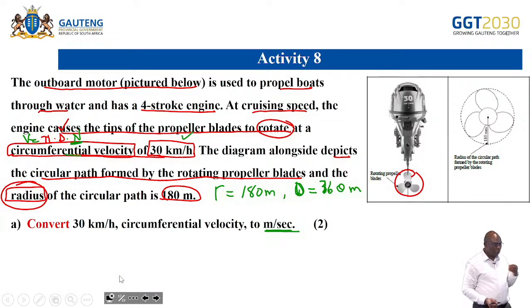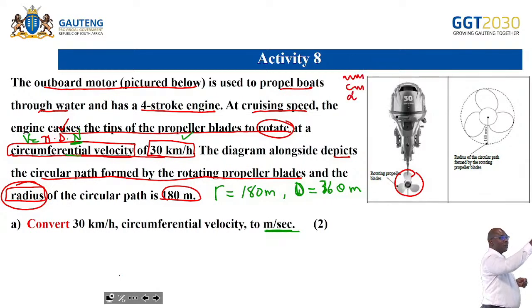So now how am I going to convert first to meters? If I want to convert 30 kilometers to meters, remember I'll have millimeters, centimeters, decimeters, meters. So I want to convert my kilometers, so I'll have my decameters, hectometers, and then my kilometers.